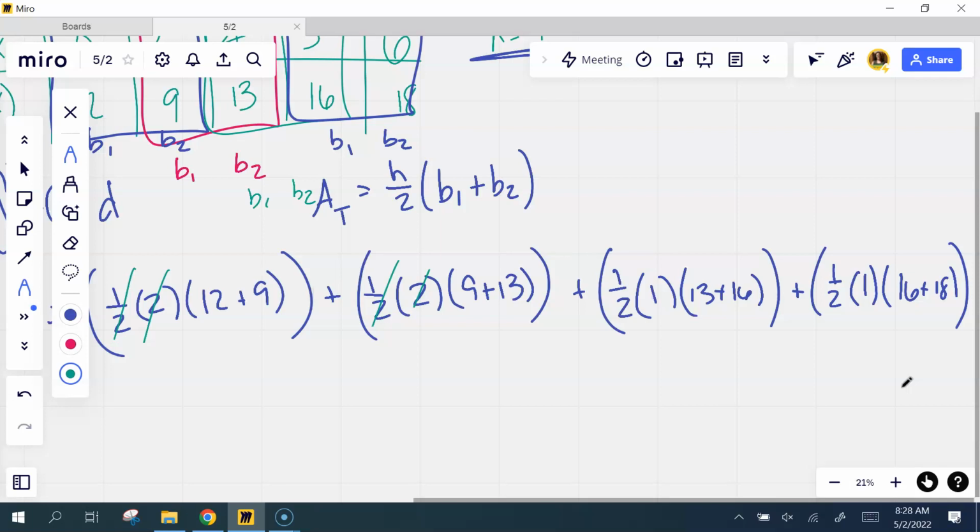The thing that helps me the most with these is a picture every time. If you have to ask, would it be wrong? It's probably wrong.